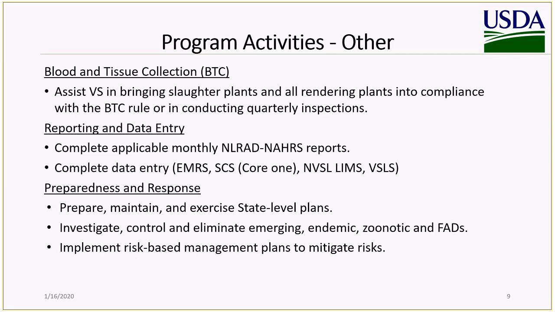Reporting and data entry, we will expect completion of applicable monthly NLRAD NARS reports and to complete data entry into the relevant database systems listed here. For preparedness and response, we will expect to prepare, maintain, and exercise state-level plans, investigate, control, and eliminate emerging endemic zoonotic and foreign animal diseases, and implement appropriate risk-based management plans.